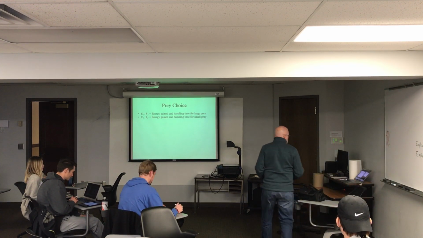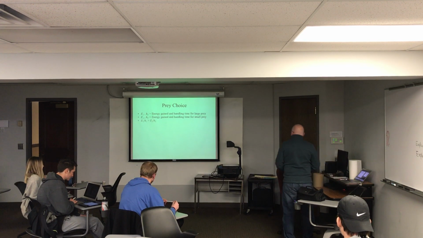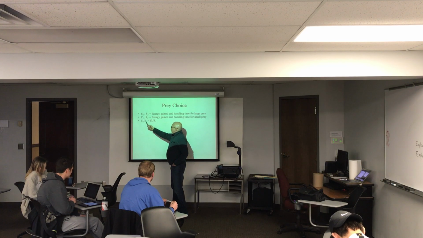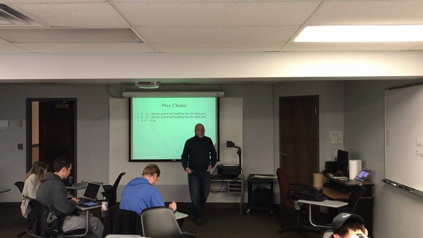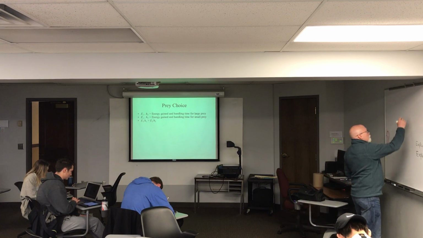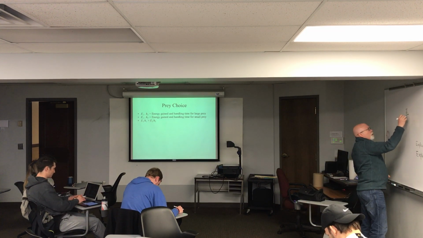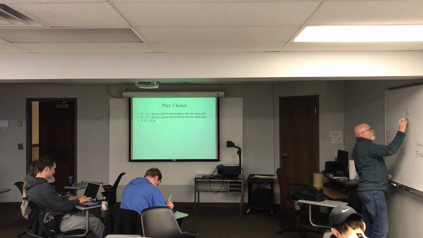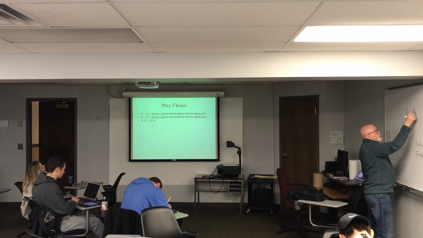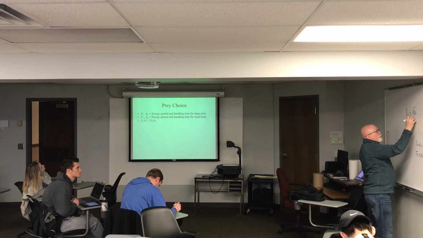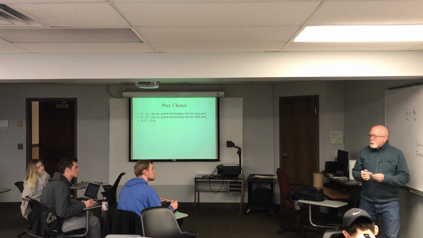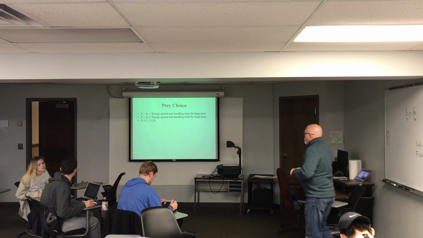So let's assume though for now that you get more energy per unit time out of large prey rather than small prey. And so if the rate of energy gain for large prey, given some handling time for large prey, gives you more energy than the rate of energy gain for small prey, given the handling time of small prey, when it comes to prey choice, what should you eat?